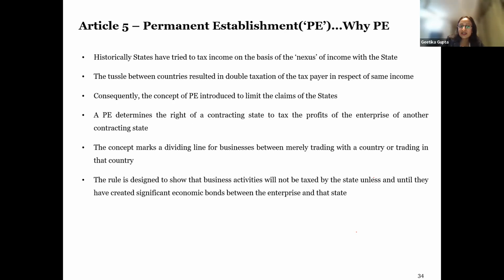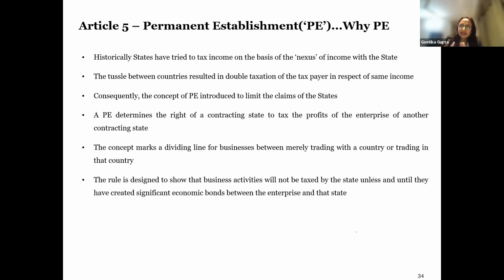The rule is designed to show that business activities will not be taxed until they have created significant economic bonds between the enterprise and that state. So, as we have discussed, PE is the resultant of double taxation. That is why the PE is there to solve that issue.